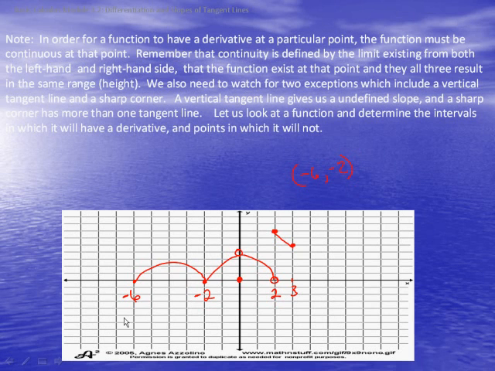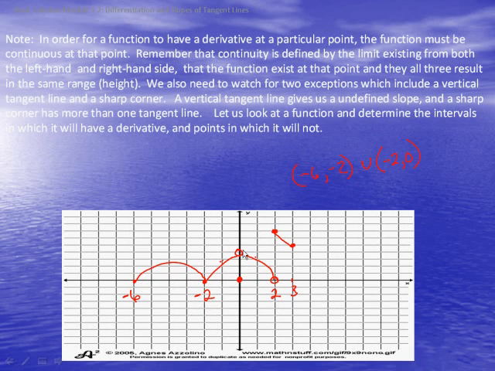Okay, notice that also areas in which we can have a derivative are from -2 to 0, not including -2 and 0, because at 0 we have a limit, but the functional value is not the same as the limit. So notice the functional value is 0, whereas the limit as it approaches from this side and from the left-hand side are going to give you 4.